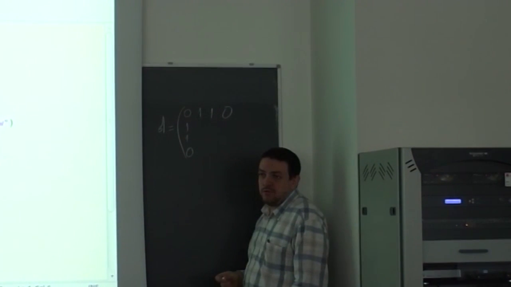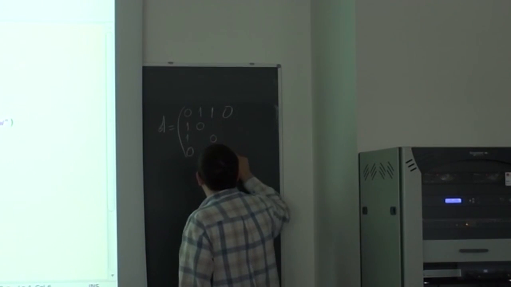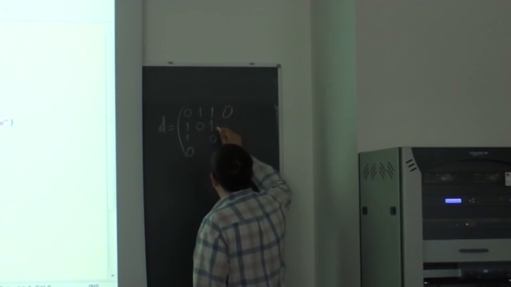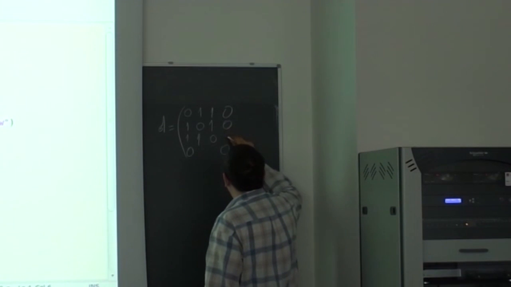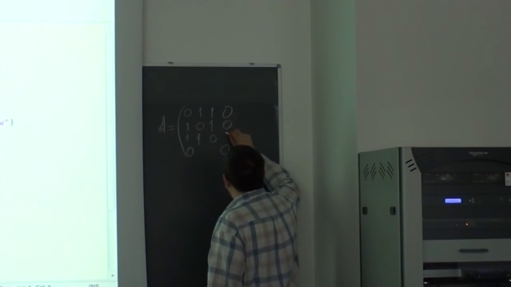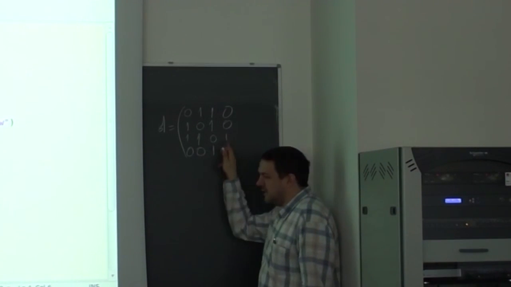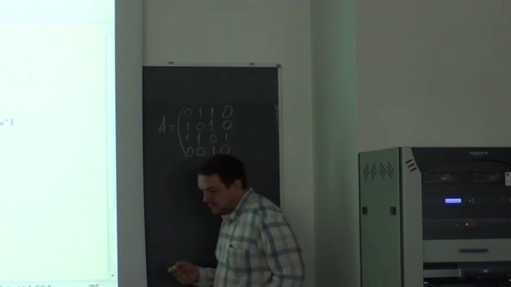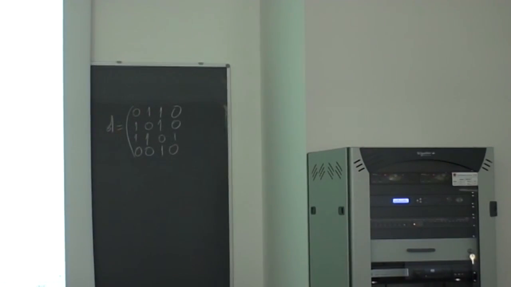The matrix will be, of course, symmetric, and with zeros on the diagonal. 2 is connected to 3, and 3 to 2, and not to 4, and then 3 is connected to 4. So it should be like this. So let's just write down the matrix.